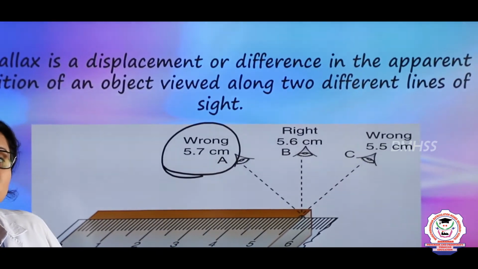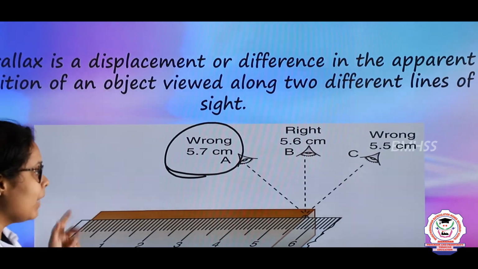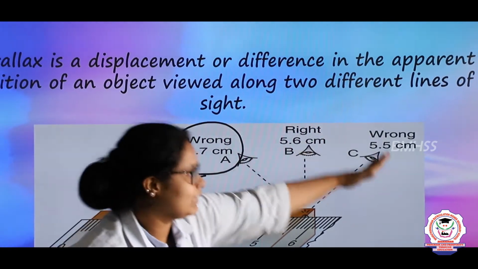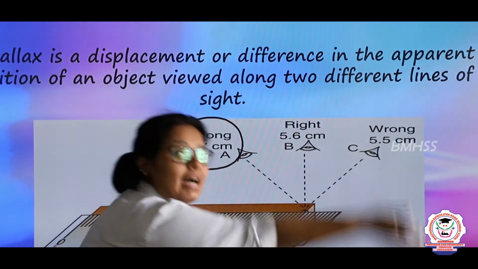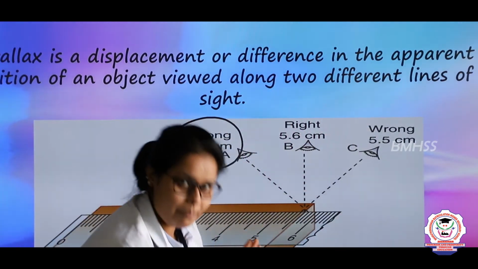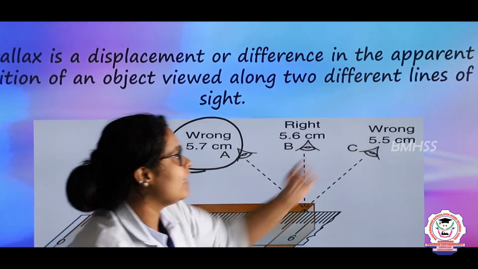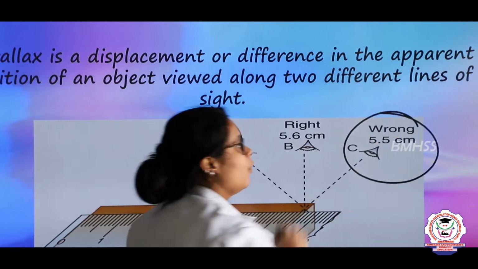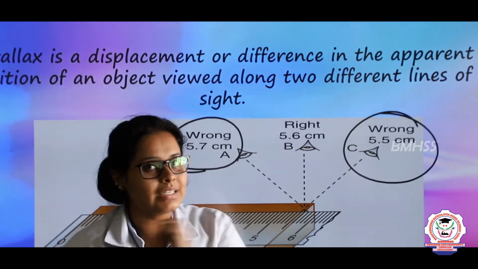Here 5.7 centimeter is a wrong measurement, because in the same way when person C views from the other side, again not perpendicular, he will see a different measurement, which is 5.5 centimeter.